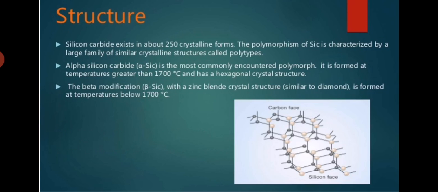So when we heat this silicon carbide at more than 1700 degrees Celsius, it has a hexagonal structure, and that is alpha silicon carbide. But when we heat it below 1700 degrees Celsius, it has a diamond-like shape, and that is beta silicon carbide.